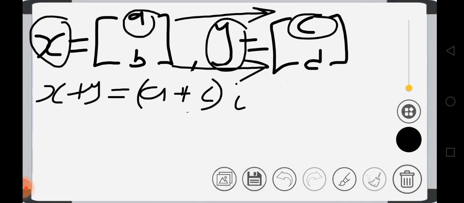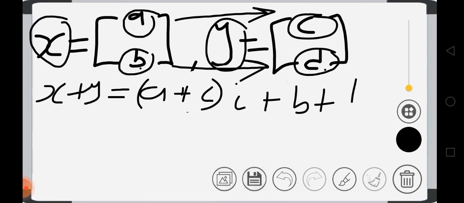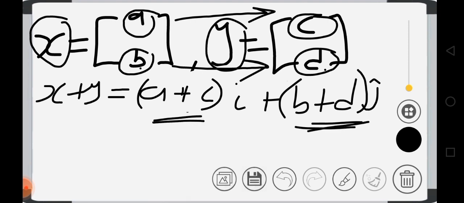Then you add this plus this as well, which gives plus b plus d, then this one will be j. So this will be the i side, in terms of coordinates too. This will be the j side. This will be the x side.